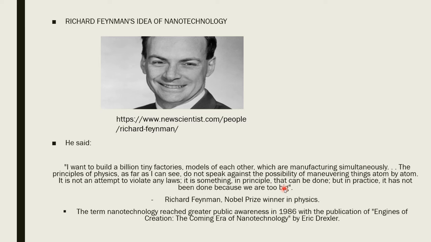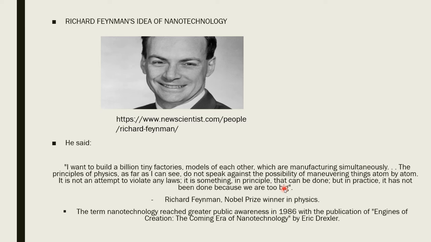In 1959, the theoretical physicist Richard Feynman asked a couple of questions to the audience. He asked, why can't we write the entire 24 volumes of the Encyclopedia Britannica on the head of a pin? He also asked, as a challenge, is there no way to make the electron microscope more powerful?